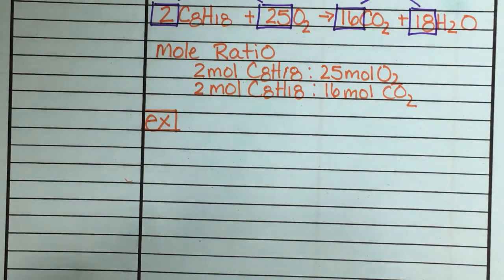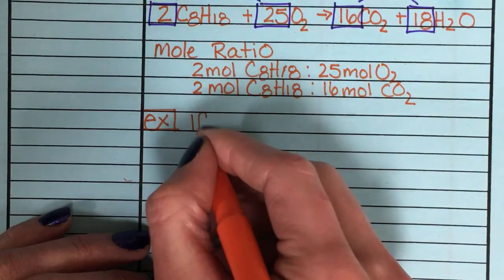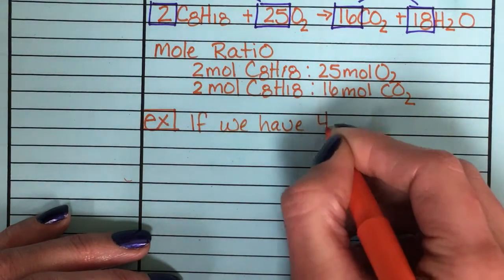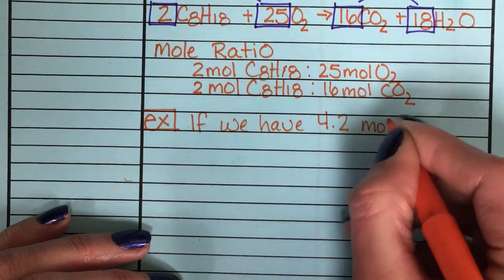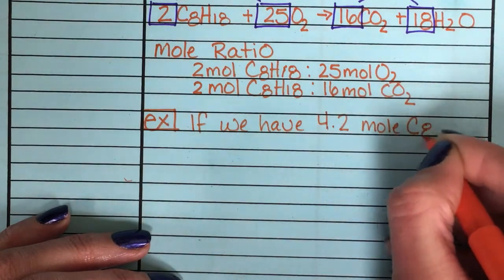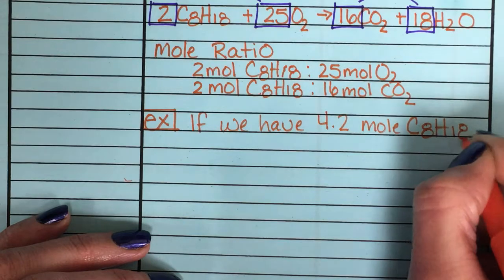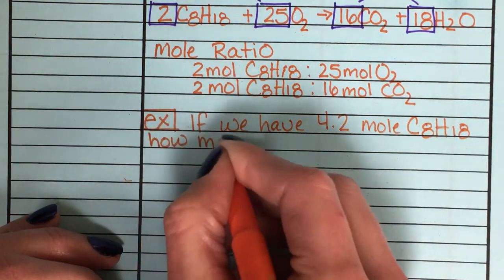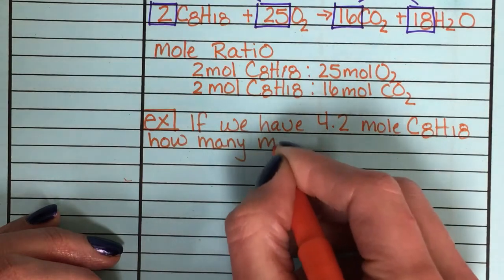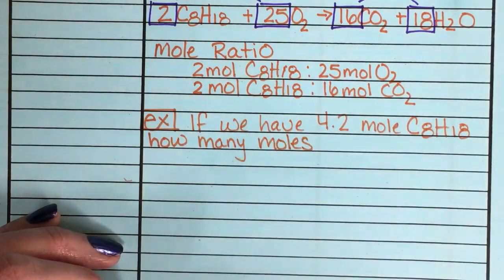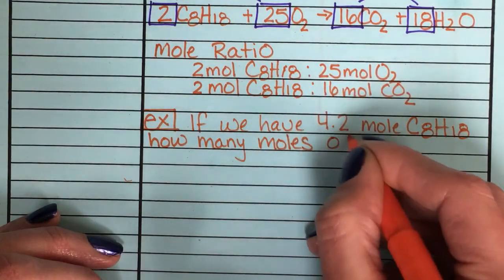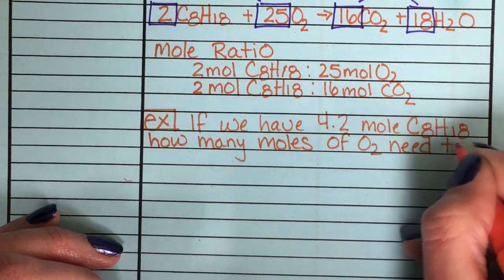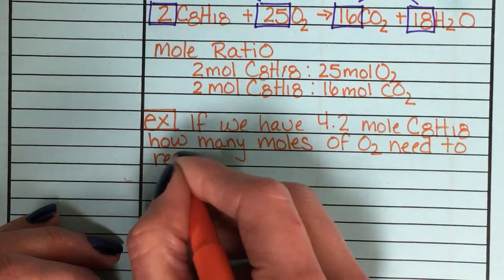I've got my example. So if we have 4.2 moles of C8H18, how many moles of O2 need to react?